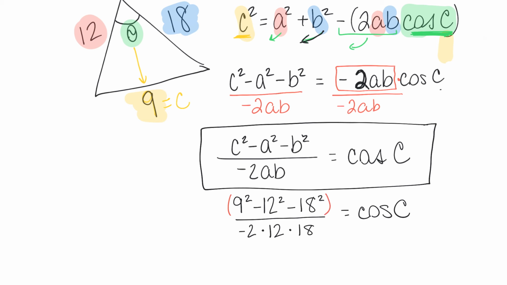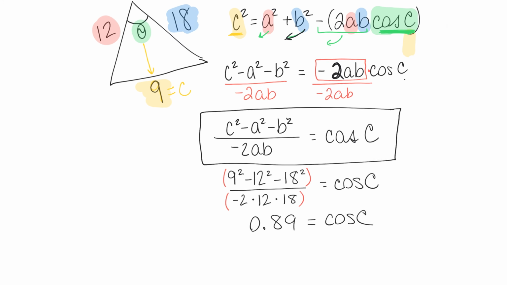So like bracket 9 squared minus 12 squared minus 18 squared bracket divided by bracket negative 2 times 12 times 18 bracket equals. That should give you a number. Okay, that should equal 0.89. If you are not getting that, you have pushed the wrong buttons, or do it in pieces. You need to get 0.89.